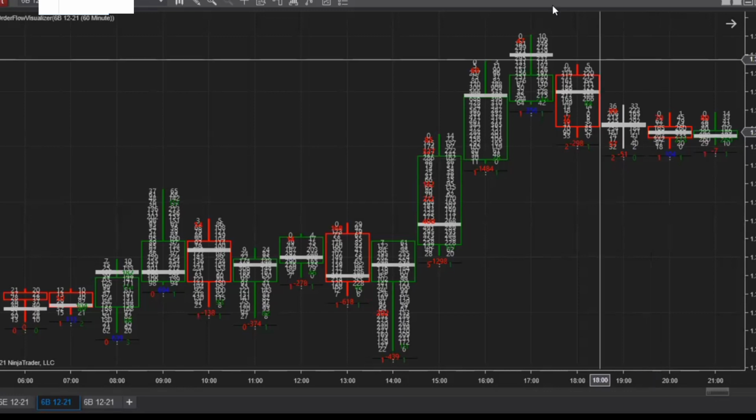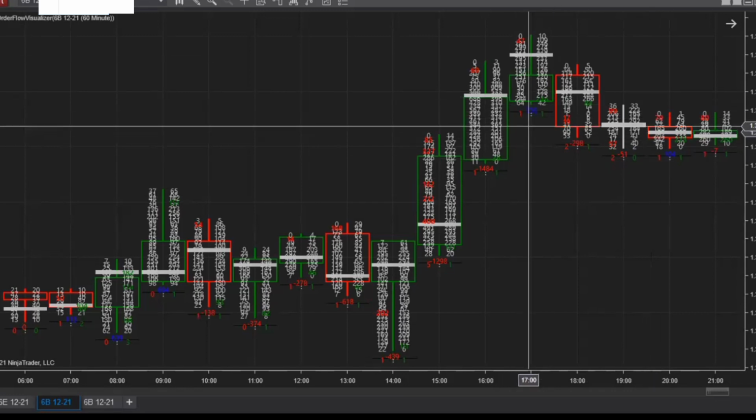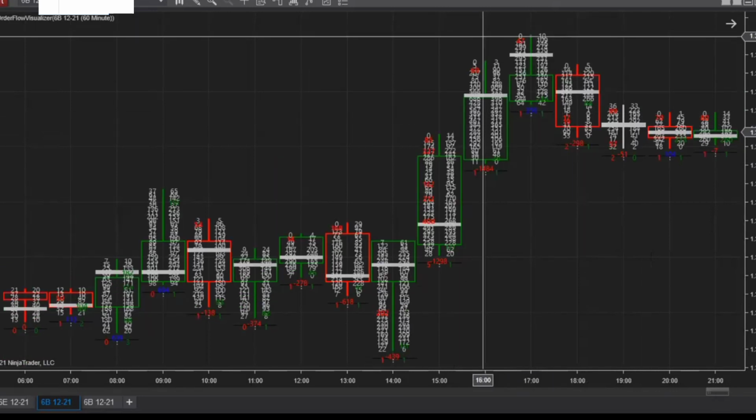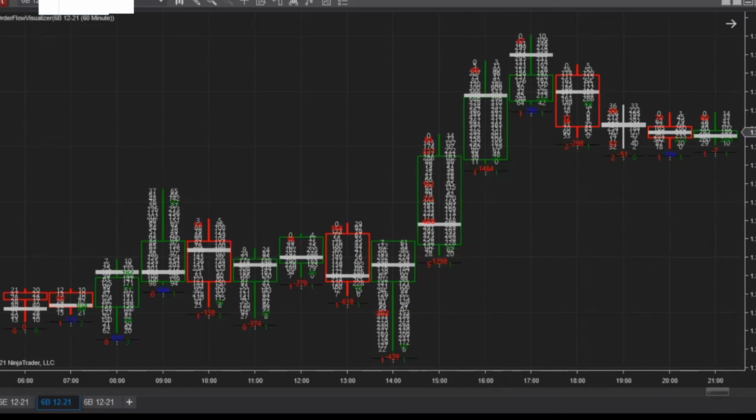All right, so this is NinjaTrader, and we are going to use this in order to analyze the market. This is where the price actually retraced, around 1.38145. So we can quickly go back to check it.